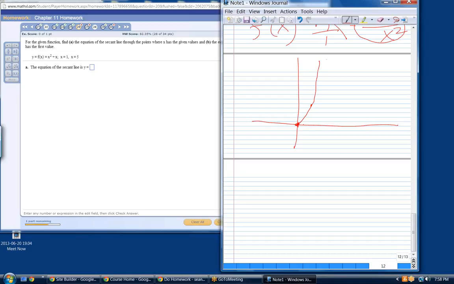So the equation, and I got that. Let's just go through how I got that. When x is equal to 0, y is equal to 0. When x is equal to 1, y is equal to 2. So here's 1 point. And when x is equal to 5, we have 25 plus 5, 30. So this point is 30. So the secant line goes between those 2 points.